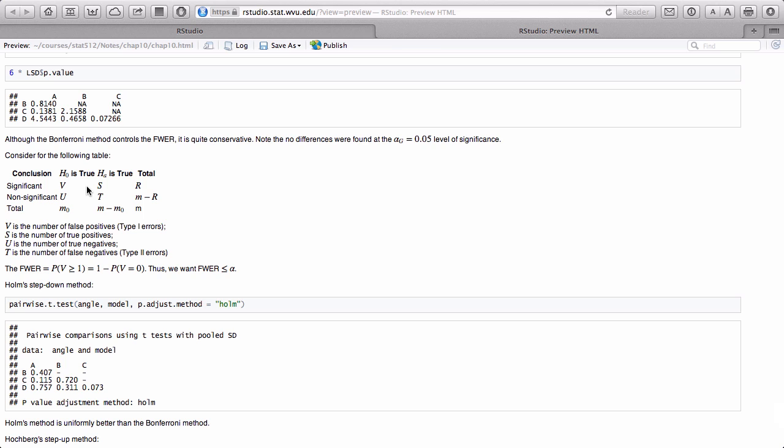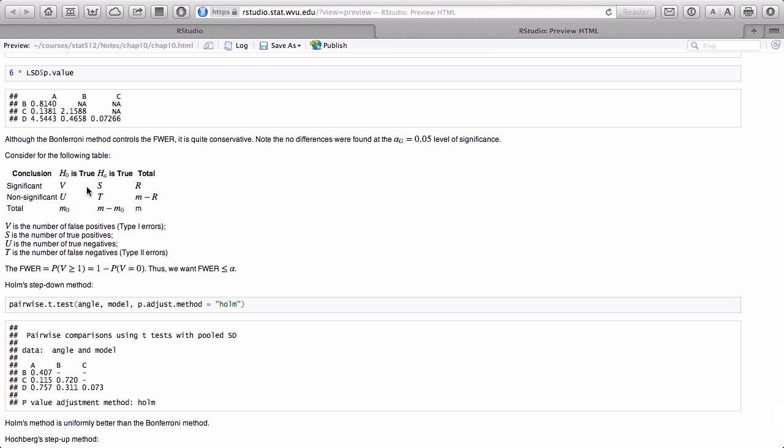So if I look at this particular table, V is kind of the key statistic. It's the number of false positives, or the type 1 errors. And then the other thing that you might want to be concerned about is T, which is the number of false negatives. But most of the focus for controlling the error rates when you're doing many tests is related to controlling V in some sense.